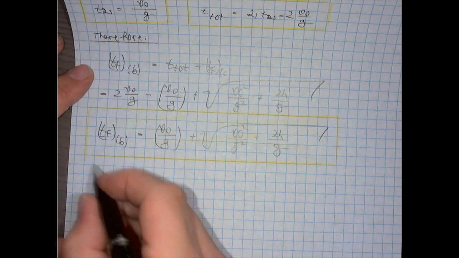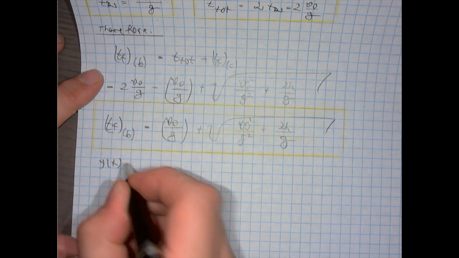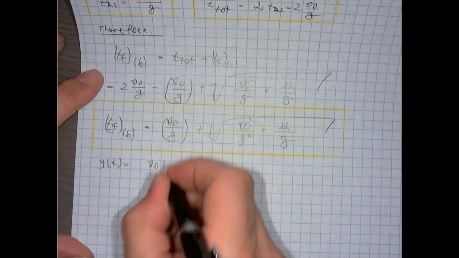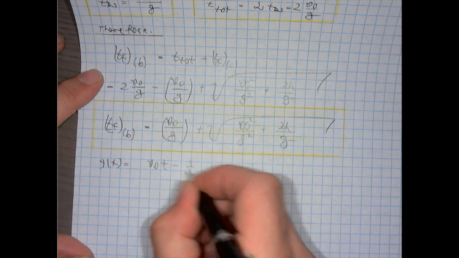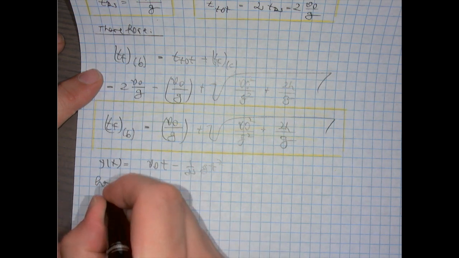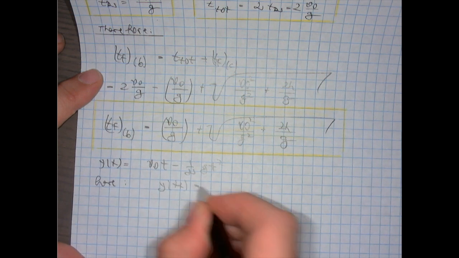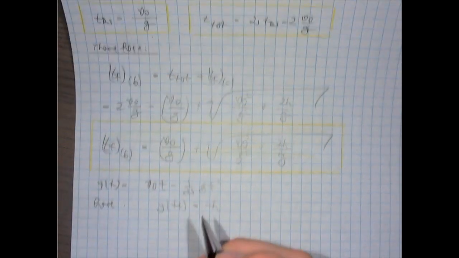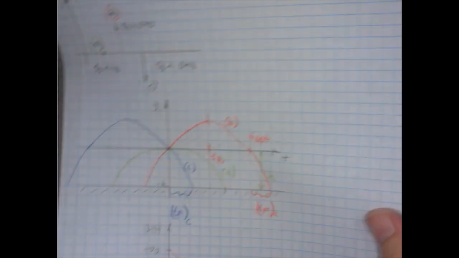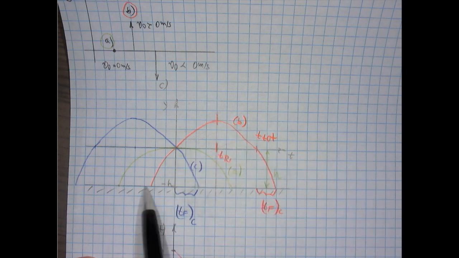Namely, what do we know for y of t? y of t equals v0t minus a half gt squared. Okay? Positive velocity, negative acceleration. So now here, just like in the other two cases, y of tf equals minus h. That function I evaluate now when this red function equals minus h.